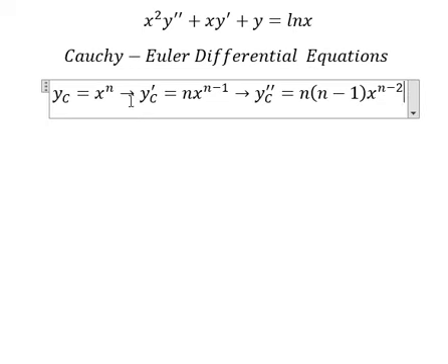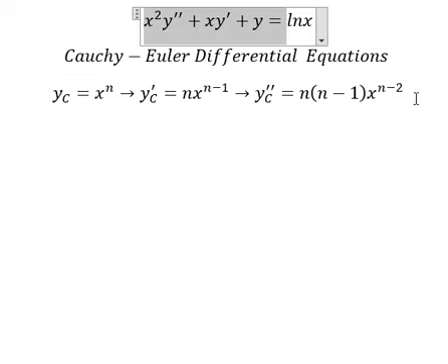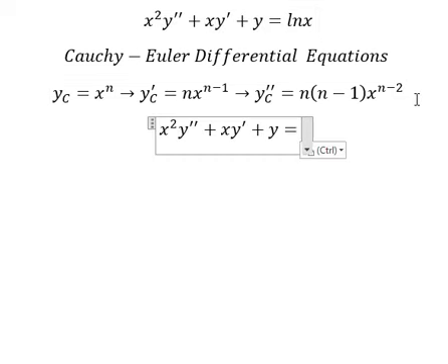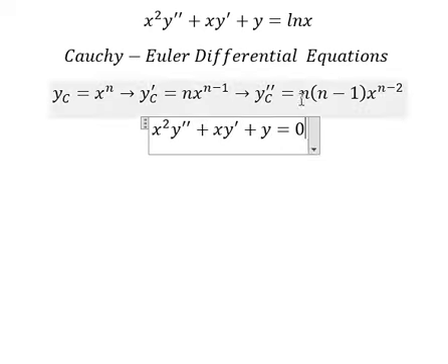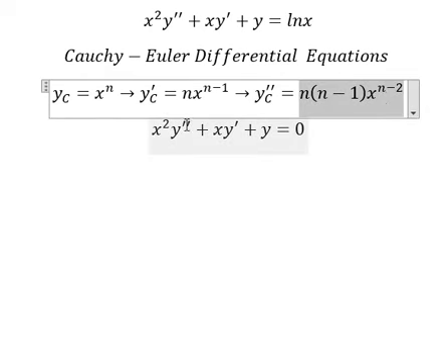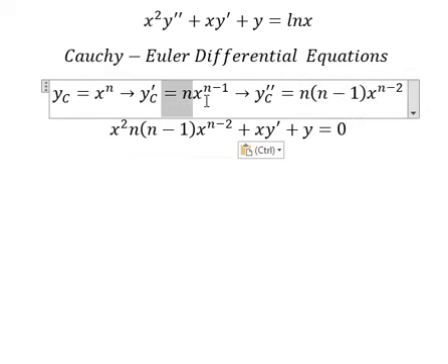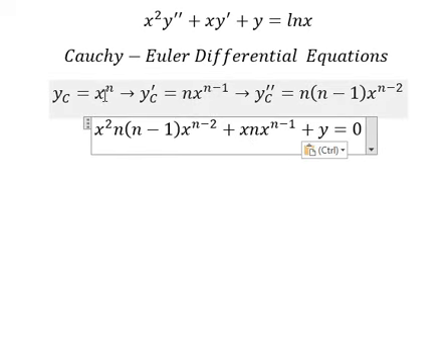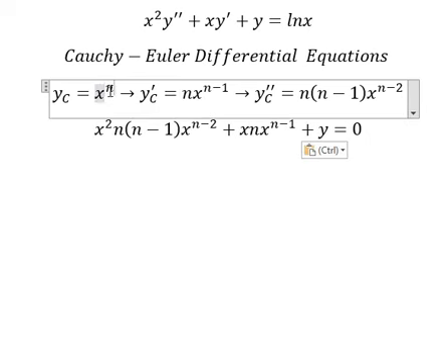Because this is the complementary solution, I will put this one equal to 0, and then I will replace this one and this one in here.